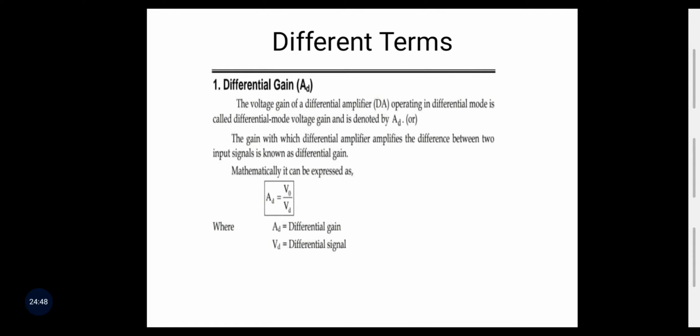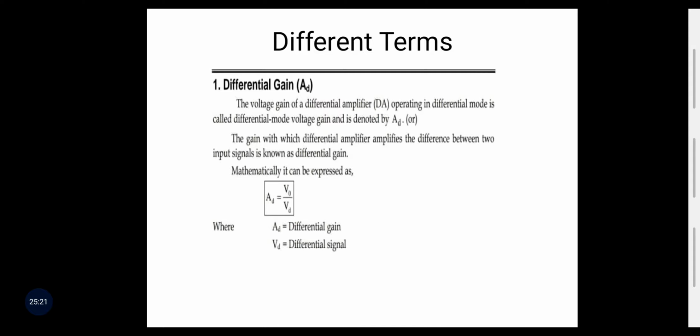Here we use different terms, that is differential gain AD. What is meant by differential gain AD? The voltage gain of a differential amplifier operating in differential mode is called differential mode voltage gain. We operate in differential mode, that is the difference between two signals, then we get the differential gain AD.